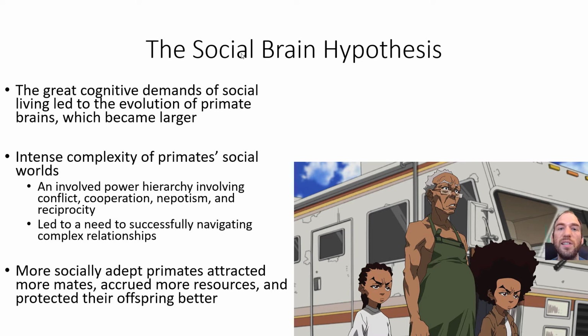So the idea here is, as humans are like, okay, I don't want to get eaten by a tiger, we're going to form these cooperative groups, and within these groups, obviously, there can be cooperation, but also conflict, nepotism, conflicts over power hierarchy, and reciprocity. So just a more complex social dynamic world that primates evolve into, and then eventually Homo sapiens.